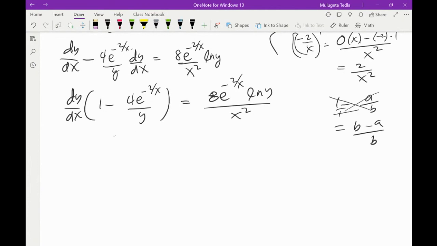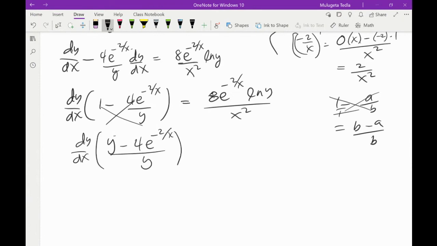So what I want is y minus 4 e to the minus 2 over x over y should be equal to 8 e to the minus 2 over x ln y over x squared.